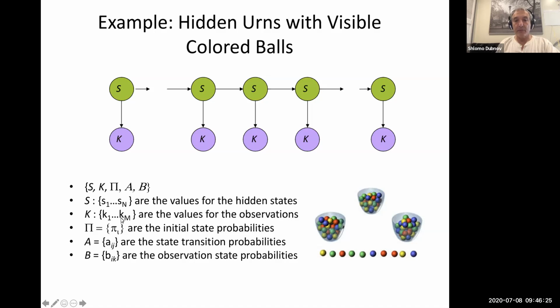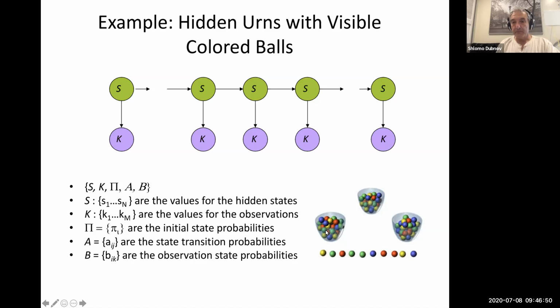So these are the M balls. The N is 3, and M here will be 4 because we have 4 colors. You have some initial probability where you would start this process. You have transition probabilities between the urns, and you have the observation probability. If you are in urn number I, what is the probability to generate ball number K?